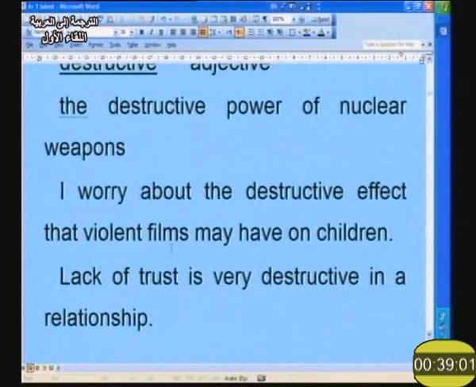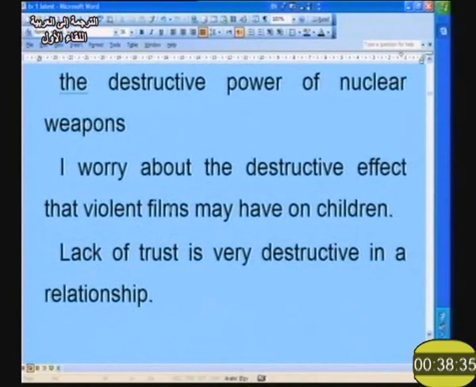For example, I worry about the destructive effect that violent films may have on children. يساورني القلق بشأن التأثير المدمر الذي تتركه أفلام العنف على الأطفال. يساورني القلق بشأن الآثار المدمرة التي قد تحدثها أفلام العنف على الأطفال.